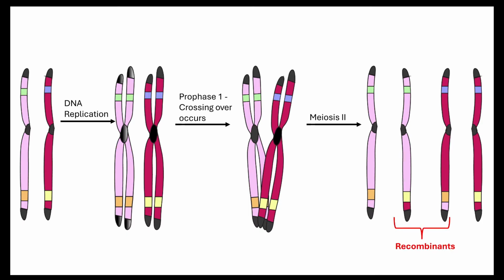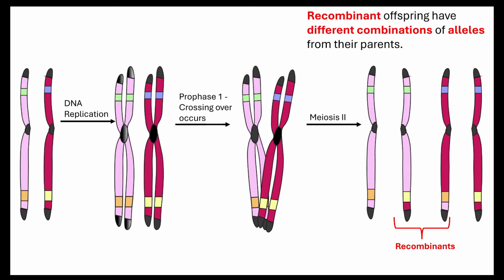And what we get is we end up with what's known as recombinants. These are chromosomes that are not the same as the original DNA. So if we have a recombinant offspring, they will have a different combination of alleles that have been inherited from their parents. And this was very evident when we looked at Drosophila.